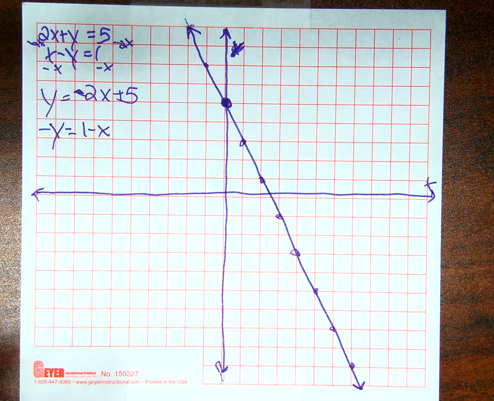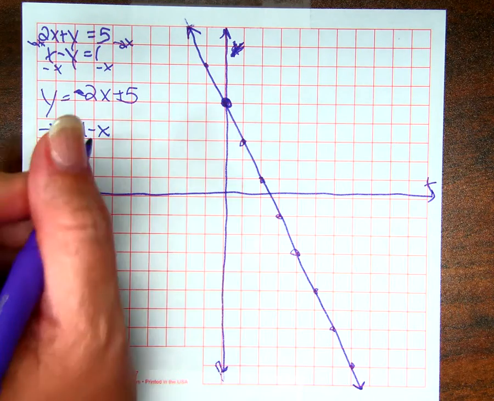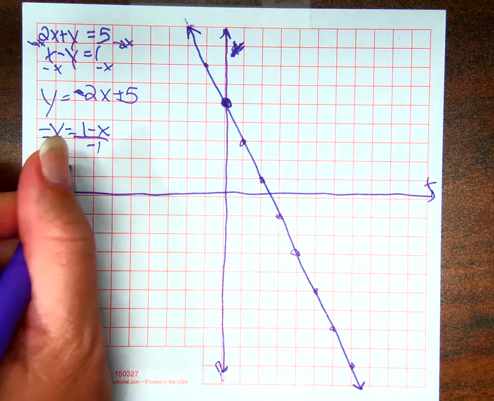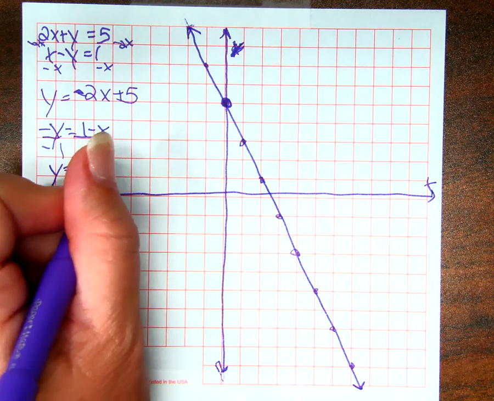Can I graph it from there? Nope. What does it have to be? Positive y. So I've got to divide everything by negative 1. y equals negative 1 plus x.